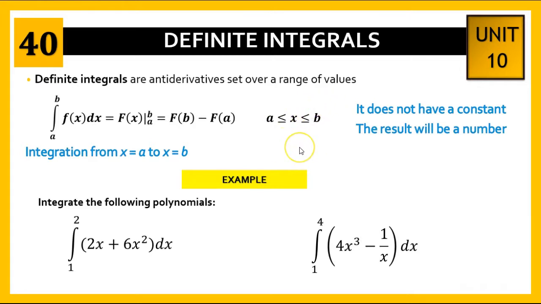The notation is pretty similar to the indefinite integral case. We use this sign, but in addition, we need to specify the ranges where x lies, from a to b. This means that we will integrate from x equals a to x equals b.